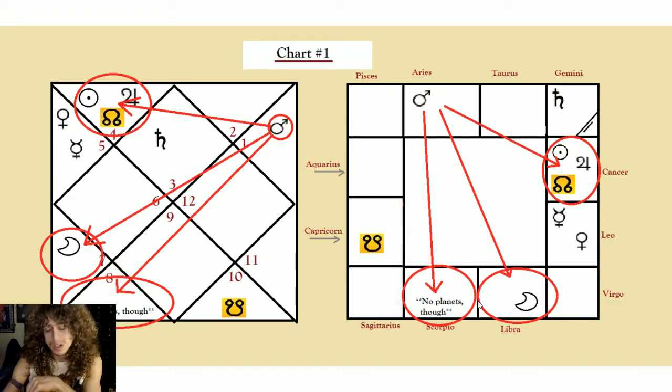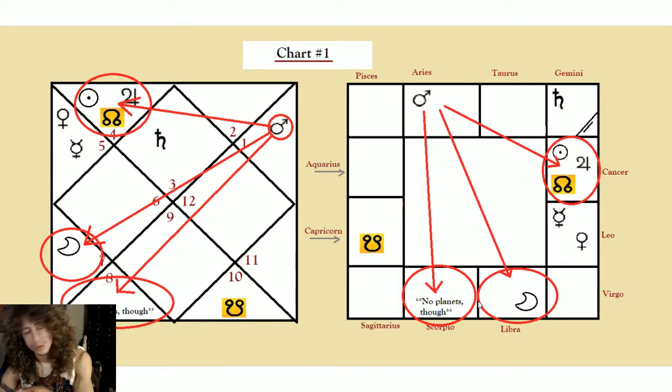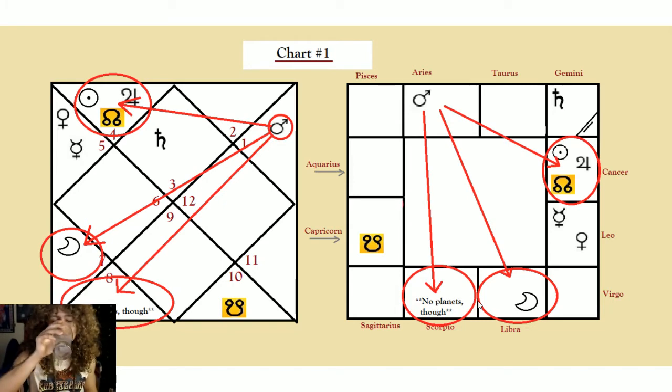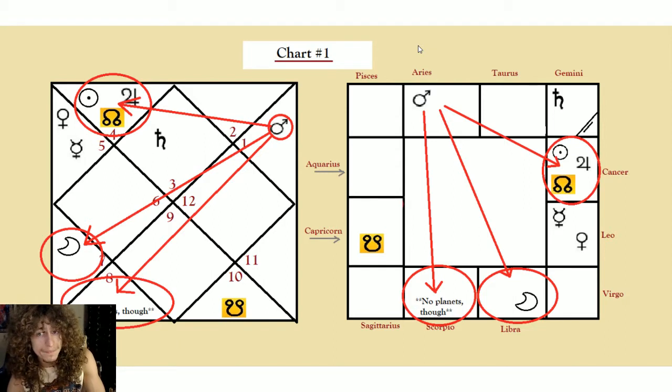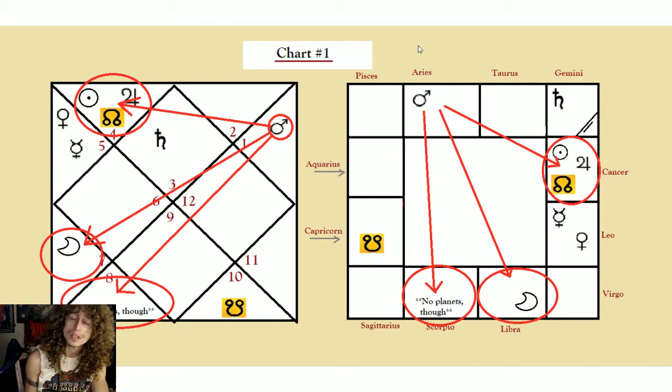It's interesting to note that Mars rules Scorpio, which is the 8th sign. This goes to show that Aries is the 1st sign, and Scorpio is the 8th sign from Aries, and Aries rules Mars. So there's a relationship between Aries and Scorpio and the 8th house significance.